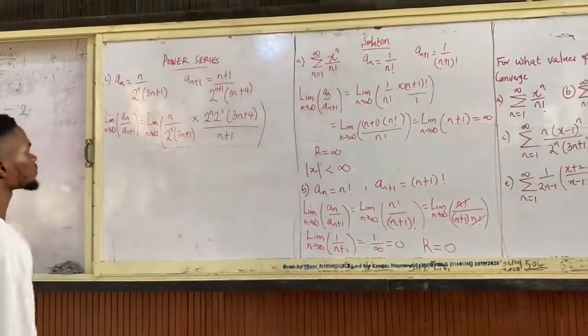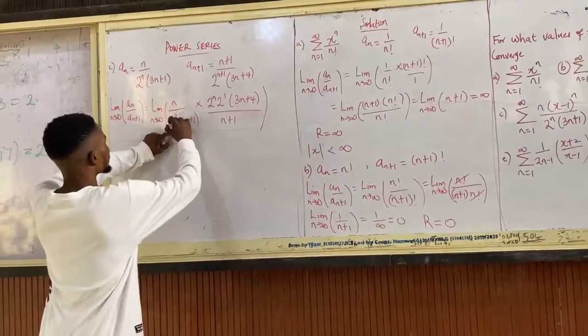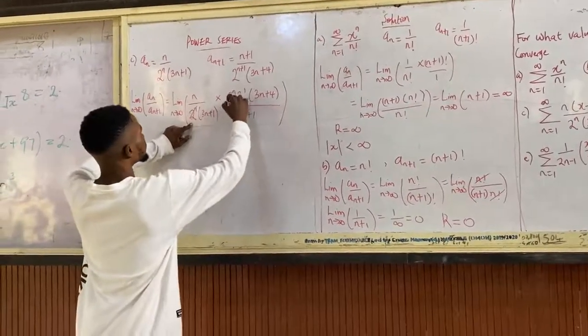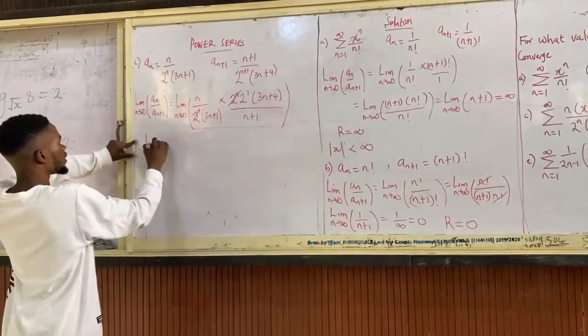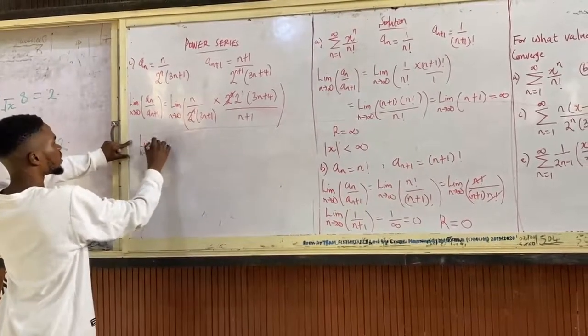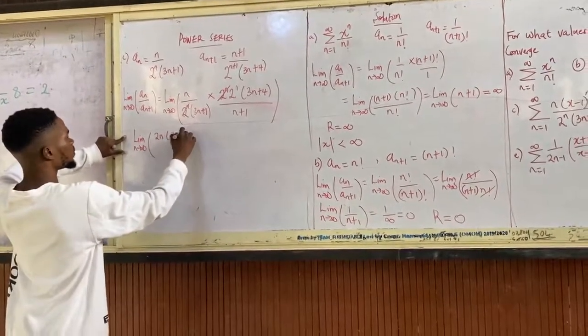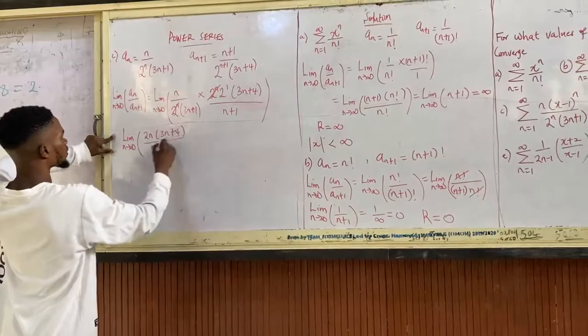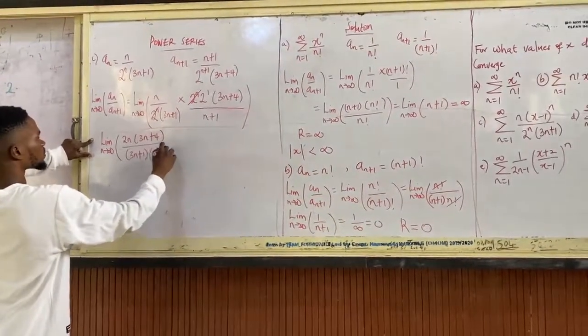So 2 raised to power n cancels out. And that's the limit as n tends to infinity of 2n times (3n plus 4) over (3n plus 1) times (n plus 1).